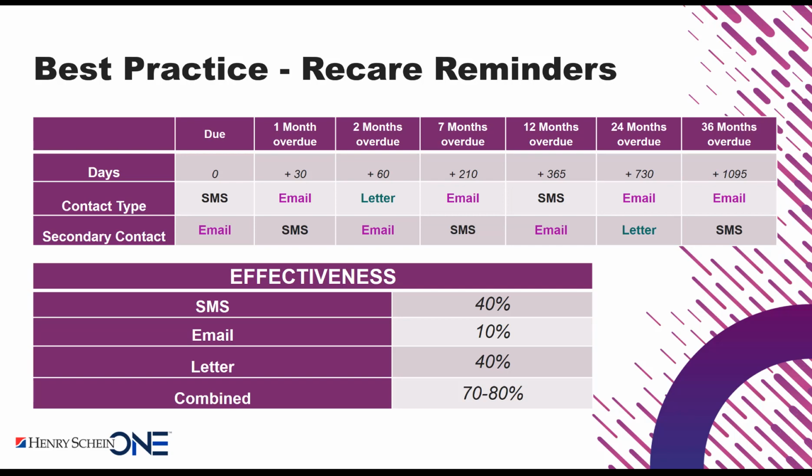Continuing to engage with lapsed patients can also have a positive impact on recall success rates. So that's why in the best practice schedule, you continue to recall patients, not only after 6 months when their recall is normally due, but at 12 months, 24 months, and 36 months as well.